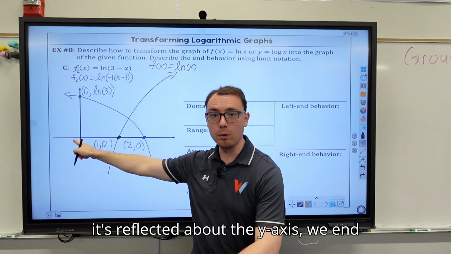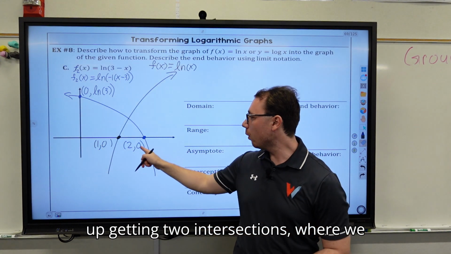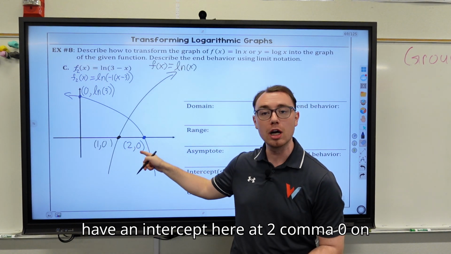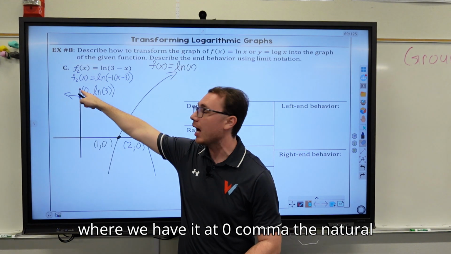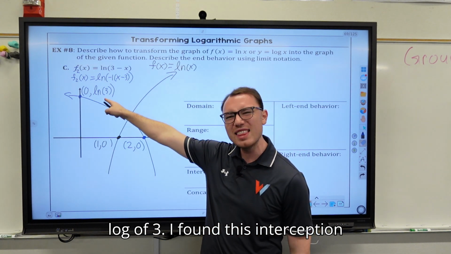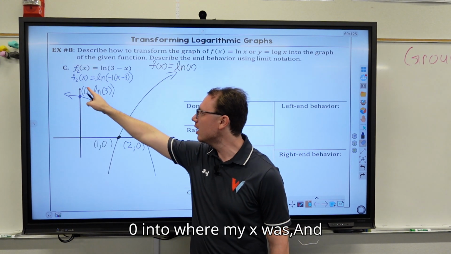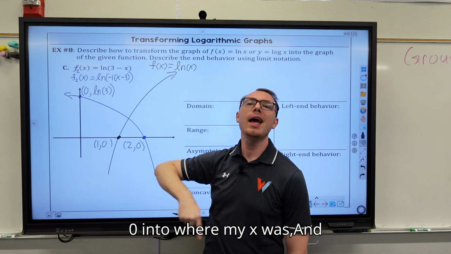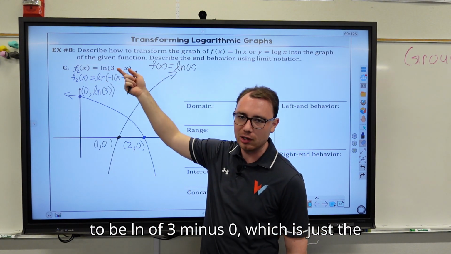Now that it's reflected about the y-axis, we end up getting two intersections: an intercept at (2, 0) on our x-axis, and an intersection at (0, natural log of 3). I found this intersection by just plugging in 0 where my x was, and I figured out that it was going to be ln of 3 minus 0, which is just the natural log of 3.